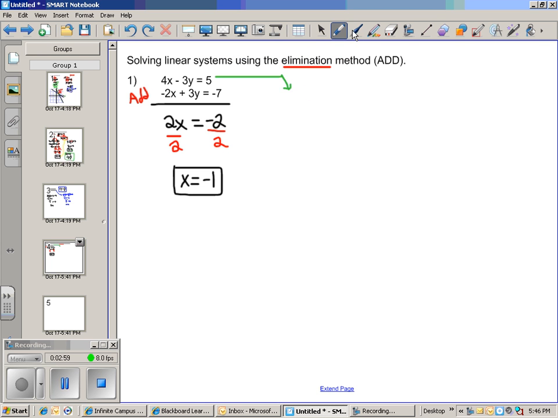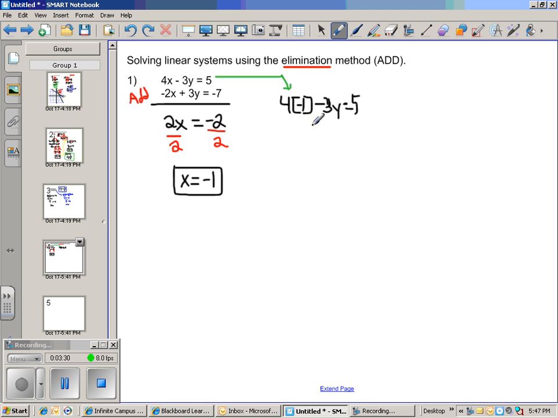we have 4x, but we know that x is negative 1. So we're going to replace x with negative 1, and then we have minus 3y, and that is equal to 5.